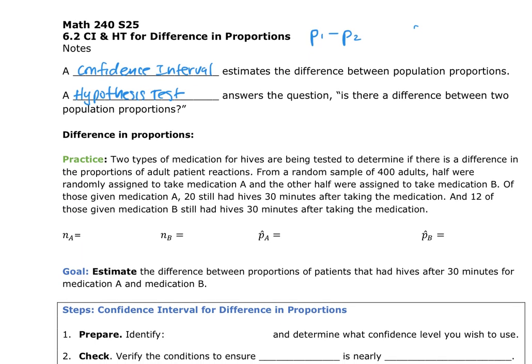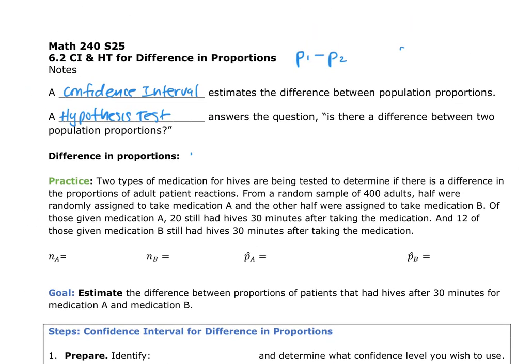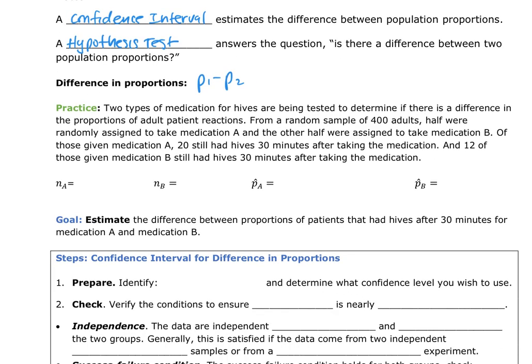So the difference in proportions, like I said, is the P1 minus P2. So instead of just using a single P for a population proportion, the new parameter really is the difference of those two proportions. So we're going to look at an example.